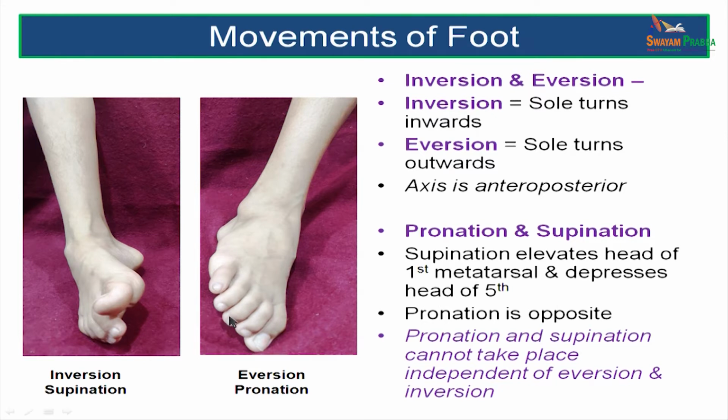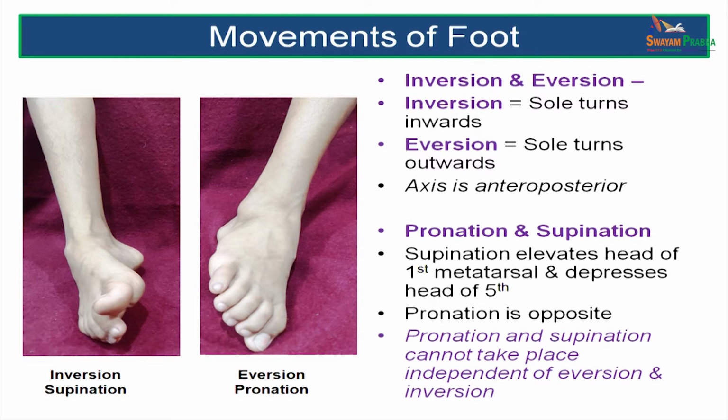If you look at eversion, which is a movement where the sole of the foot turns outwards, this movement lifts the lateral border of the foot and brings the medial border of the foot closer to the ground. Eversion is a movement that is associated with pronation. In pronation, the head of the first metatarsal touches the ground, whereas the head of the fifth metatarsal is elevated.